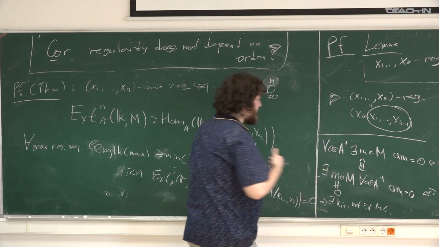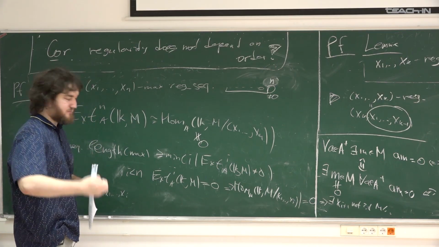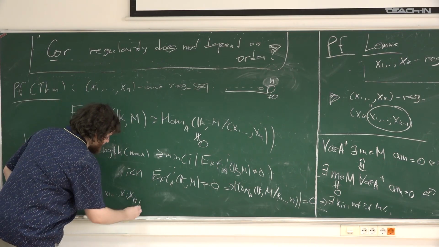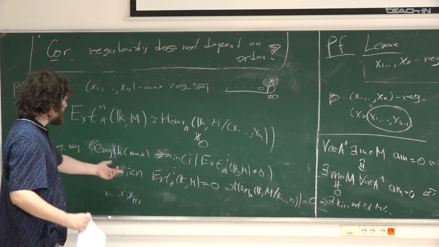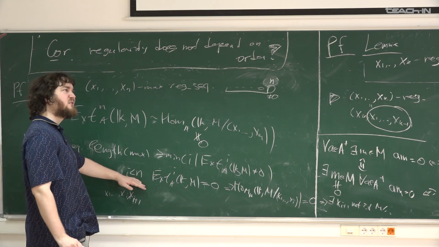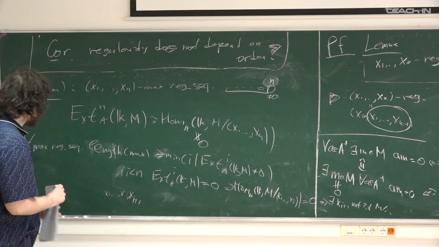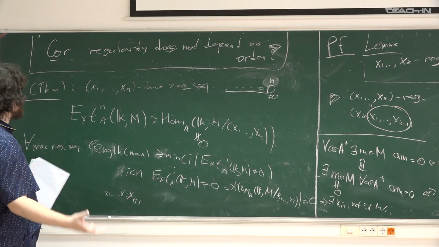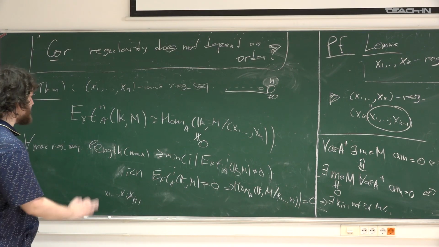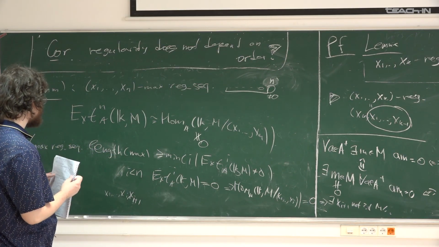And this is equivalent to saying that I can extend my regular sequence in one step. So it's not maximal. And I can do this until I obtain n. I think this is the end of the proof. So in fact, the length of all maximal regular sequences is n.